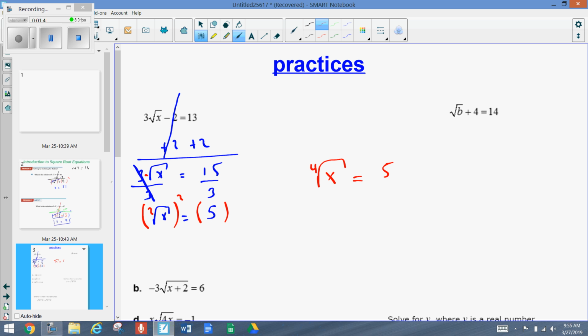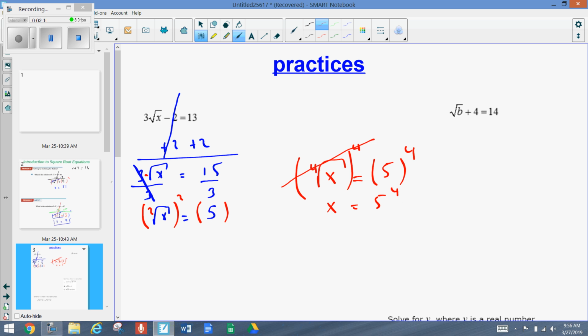I was taking the square of it because the index was 2 here. Yes, over 4? That's 1 over 2. I'm going to take the what power? 4th power, right? Because I want them to cancel out. Same logic. x is equal to 5 to the power of 4, which is 625.